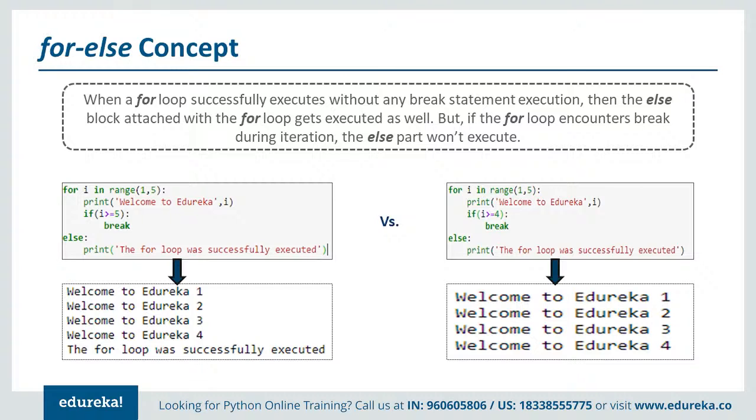So if a break statement is executed inside the for loop, the else statement will not be executed. This is the scenario. If you want the else part to execute, there should not be any break statement inside the for loop. And if a break statement comes up in the for loop, the else part will simply be skipped and will not be executed.